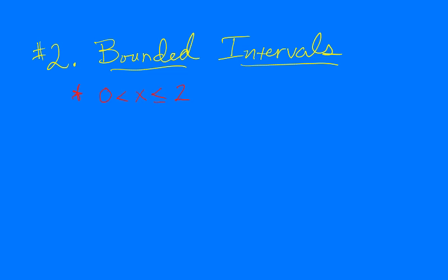All the numbers being described here are just in between 0 and 2. They would not be anything less than 0 or anything greater than 2. So you'd have an open circle around 0, and a closed circle at 2 because it can equal it.